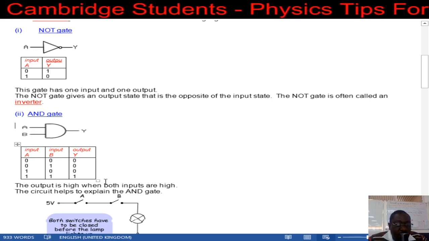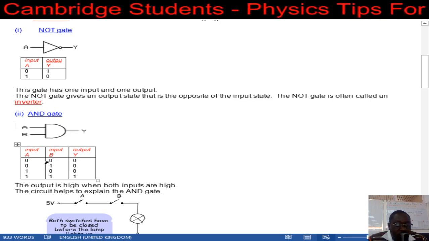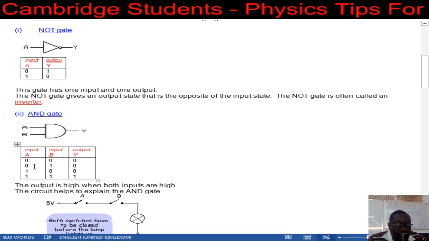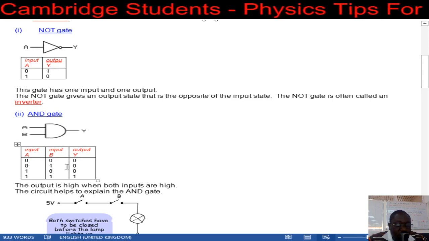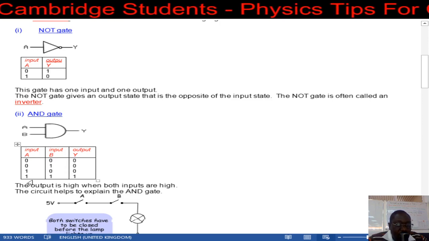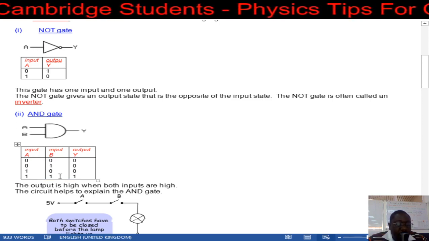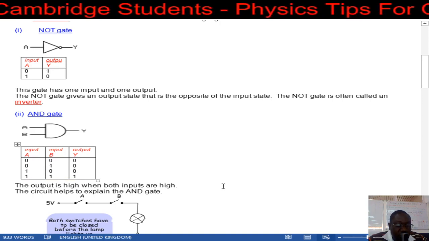So output is high when both inputs are high. So 0, 0 gives you 0 on the truth table. 0, 1 gives you 0 on the truth table. 1, 0 gives you 0 on the truth table. And 1, 1 gives you a 1. So when both inputs are 1, you get a 1. Otherwise, it will be 0.